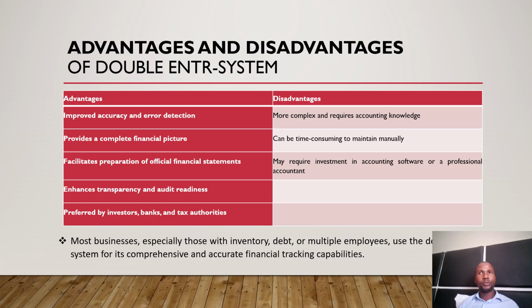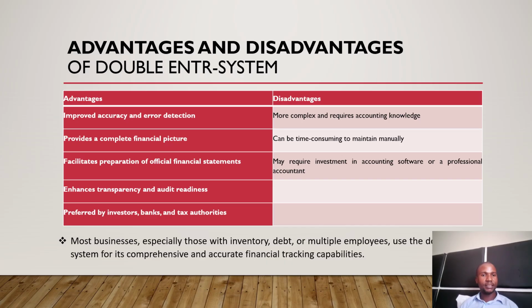That way you ensure that you have recorded the amount correctly. If it doesn't balance, you are able to go back and correct. It also provides a complete financial picture because every transaction shows all the accounts that are affected. In that way, you ensure completeness of your recording.